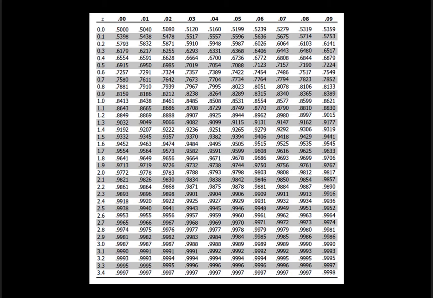So I'm going to circle that. This is 1.34, the cumulative probability for all the z values to the left of 1.34, right? So the probability is 0.9099.